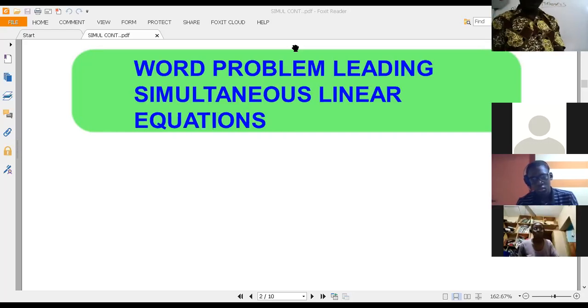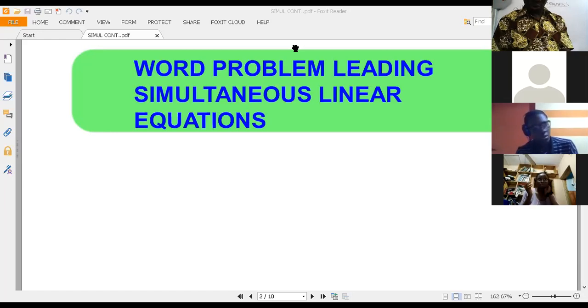So submit your assignment. Now the classwork, I'll quickly rush through the correction. Then we move to today's topic, which is word problems leading to simultaneous linear equations.